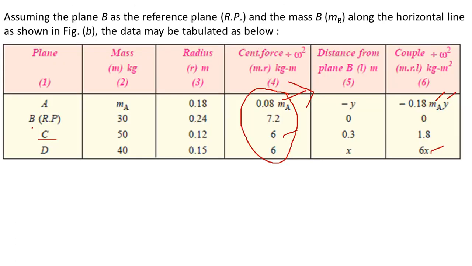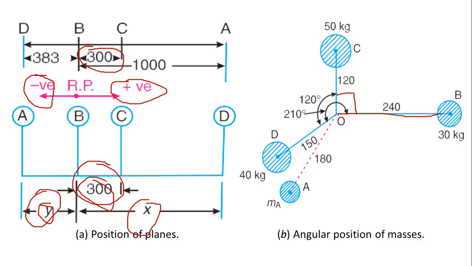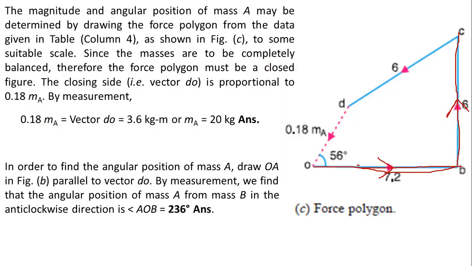Next one more 6 with plane D. So D is at this position, at an angle of 210 degree. So draw a line parallel to D.